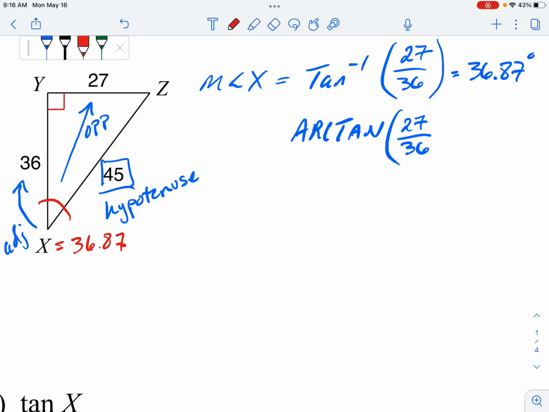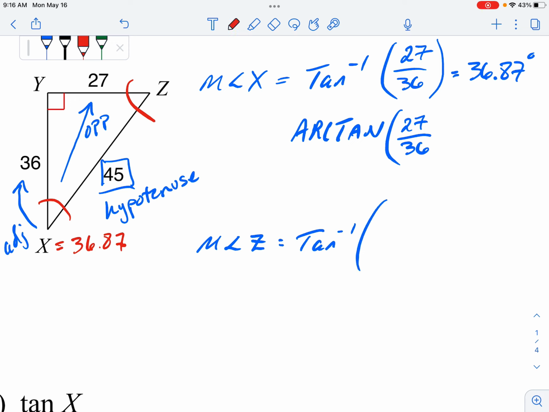I'm just going to write that over here, 36.87. And if we wanted to solve for angle z, I'll just set it up really quickly. I won't punch it into the calculator, but we could do that as well. The measure of angle z is going to be the inverse tangent of the opposite over adjacent.